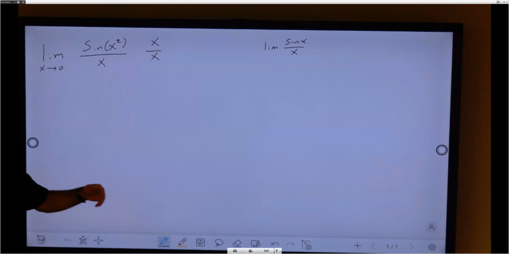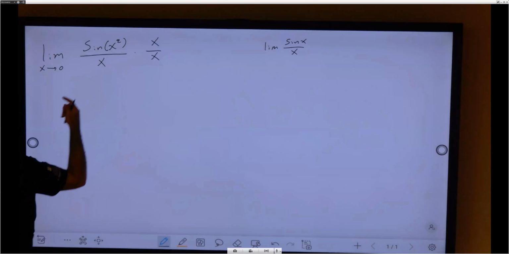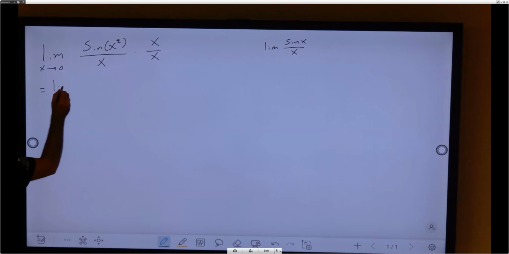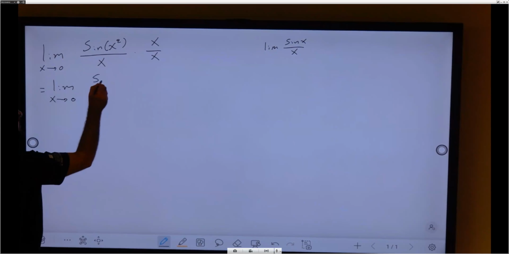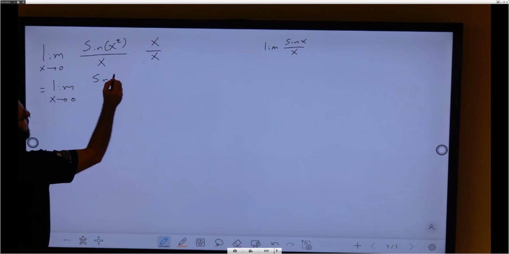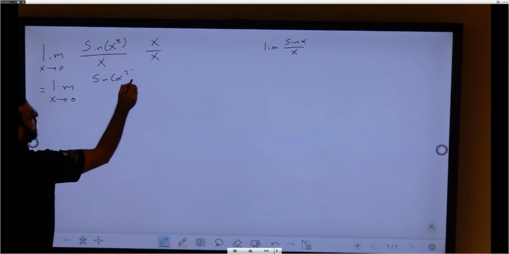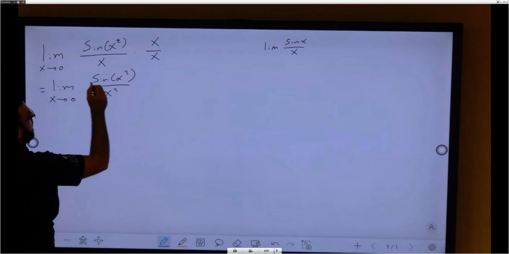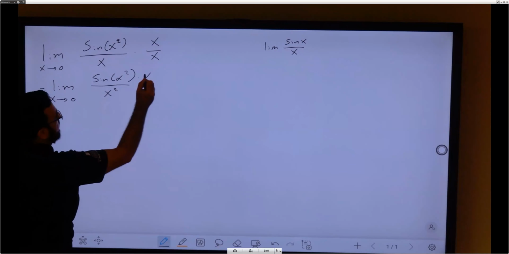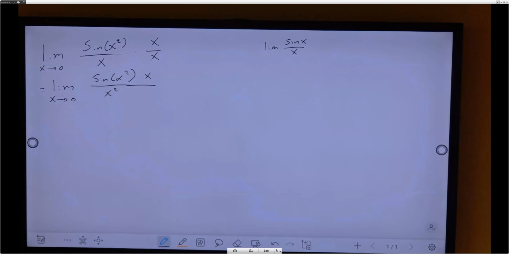Now can I bring this x here? Yes. So it's going to be the limit as x approaches 0 of sine x squared over x squared, but don't forget you have an x here, times x. Yes or no?